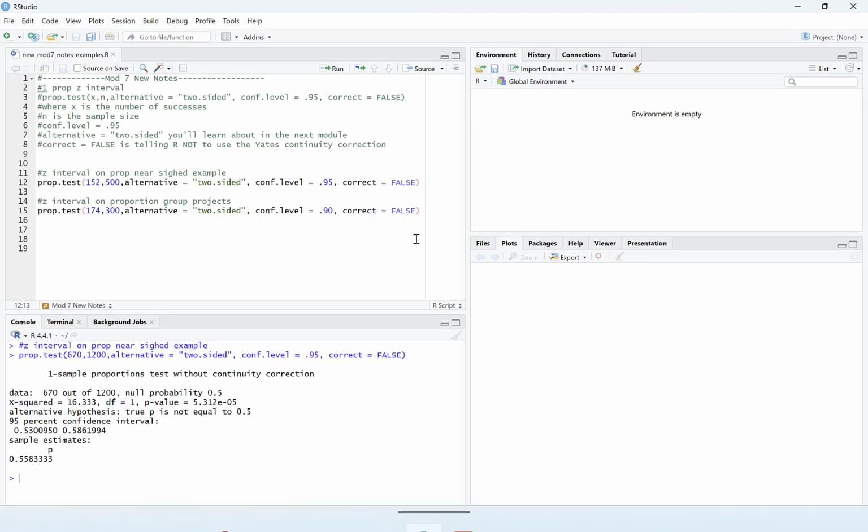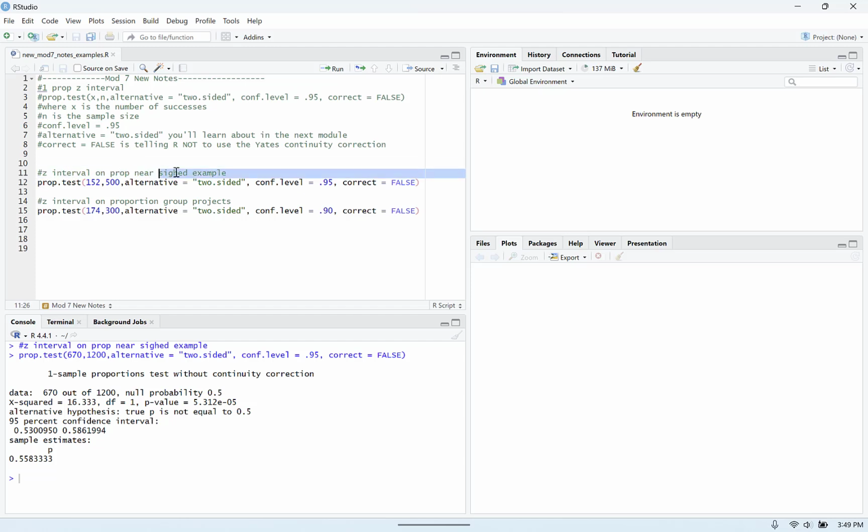All right, so I've got R open, and in this example, we're doing this line of code. Notice I don't have to import any data. I've already counted the number of successes and I have n. If I had raw data that just listed nearsighted, nearsighted, farsighted, neither, I'd have to count all of the nearsighteds and then subtract that from n.